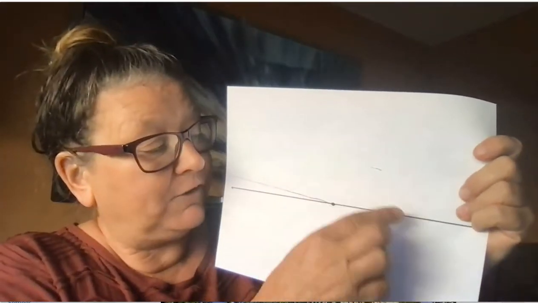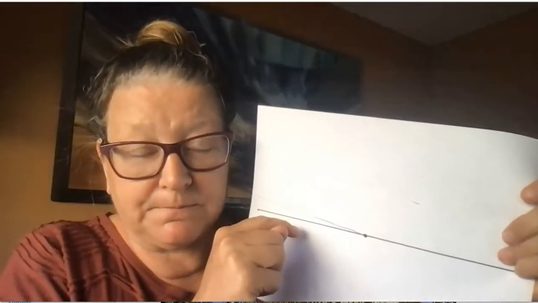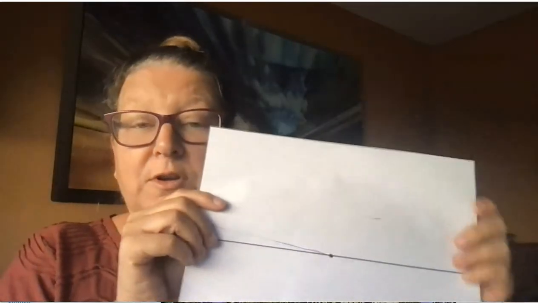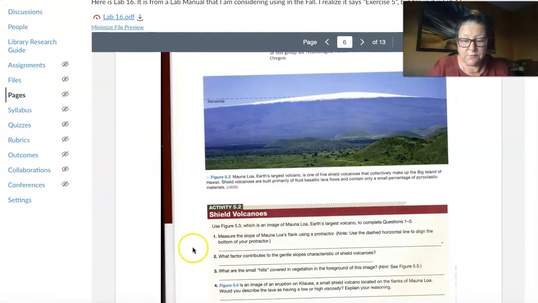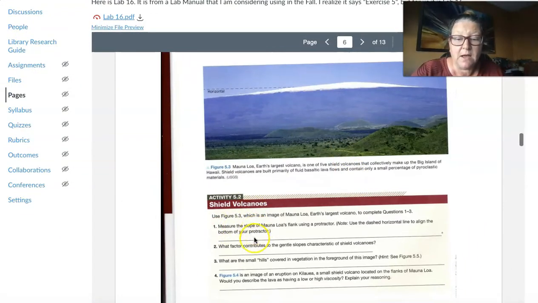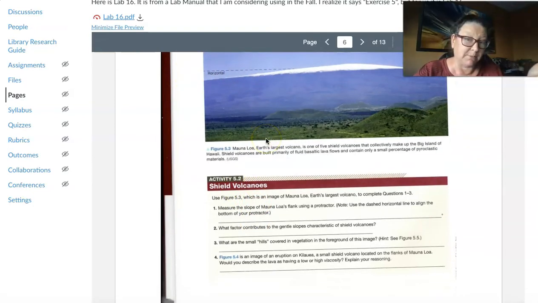Okay, so if you get a number that's greater than 90, then you want to take the smaller number for the angle when you compare the 3 different volcanoes. I hope that helped and didn't confuse you more. So again, this is for the first question on activity 5.2. There's the horizontal, there's the slope, and I just measured it at about 7 degrees.